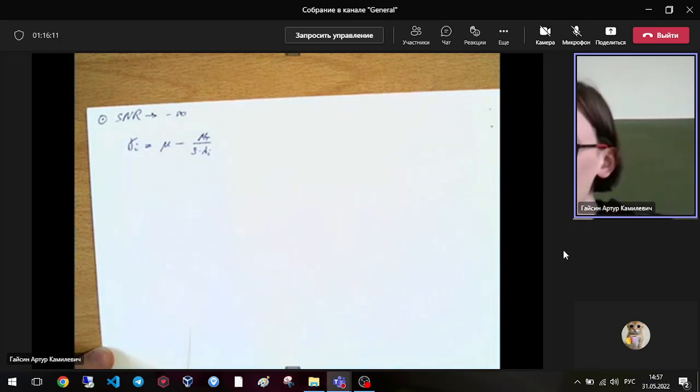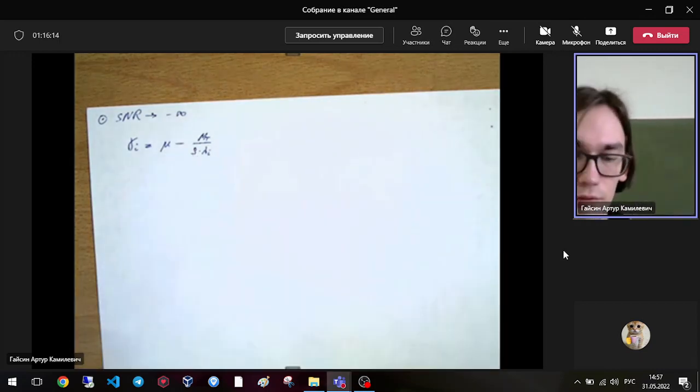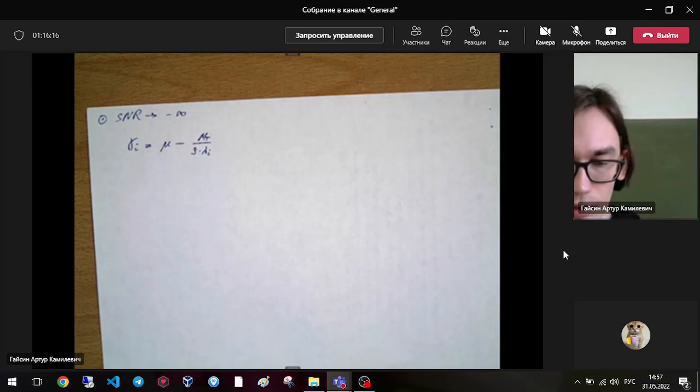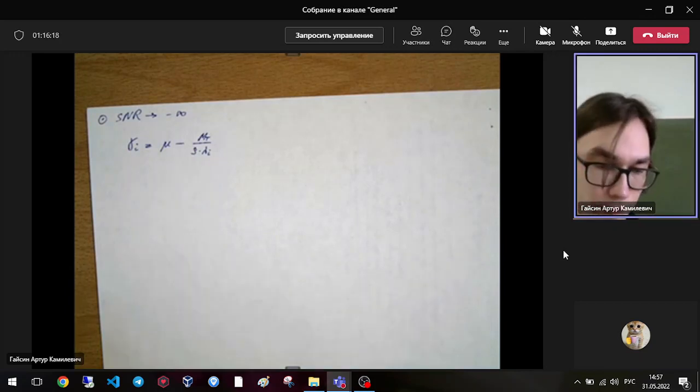Then they change this mu using the general formula for the water level.